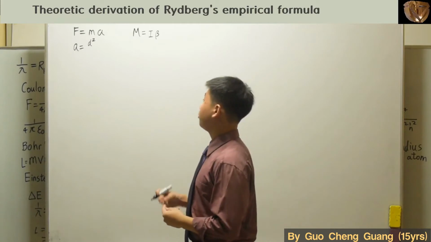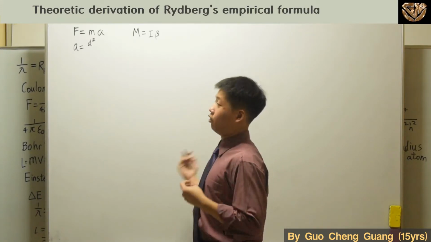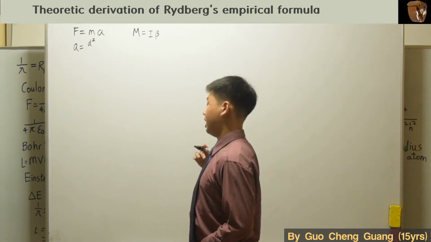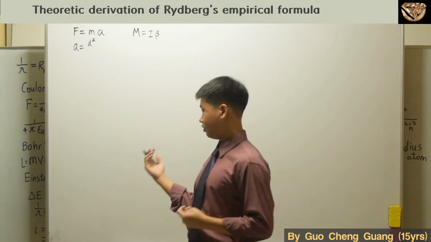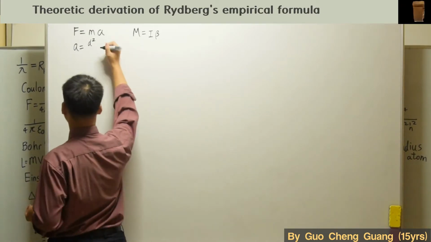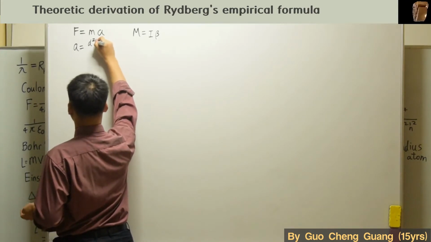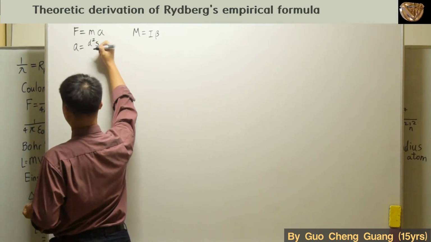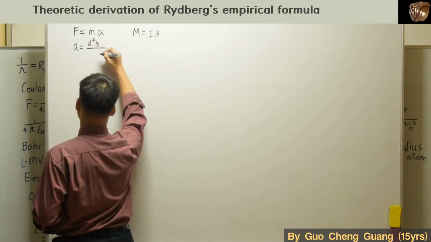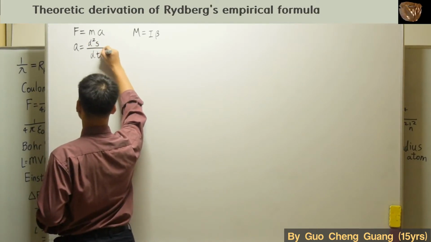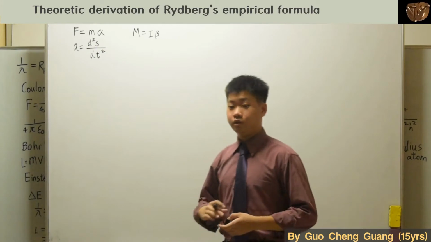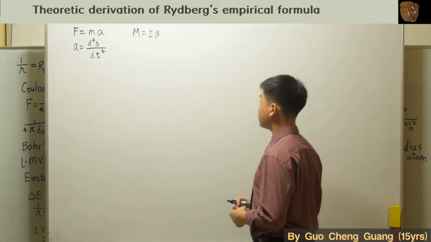So the second derivative depends on how you would like to write it. Of course, you could use d or s or whatever you like. Let's just say s for distance. It just depends on what you like to use. So a is a second derivative.